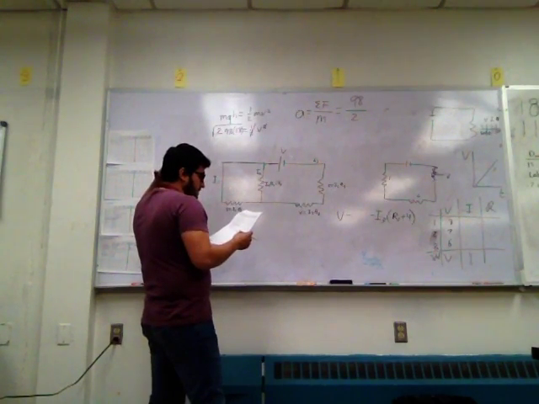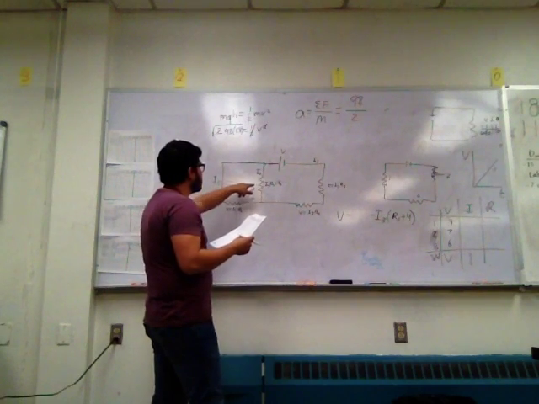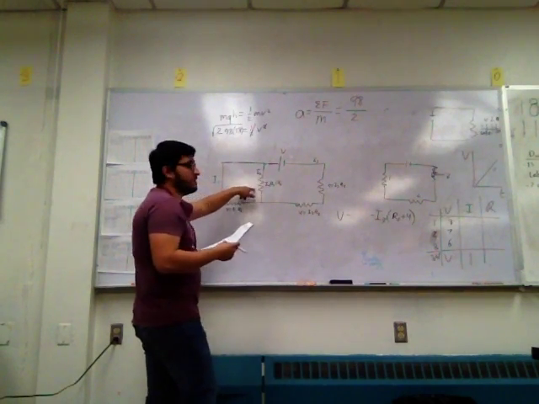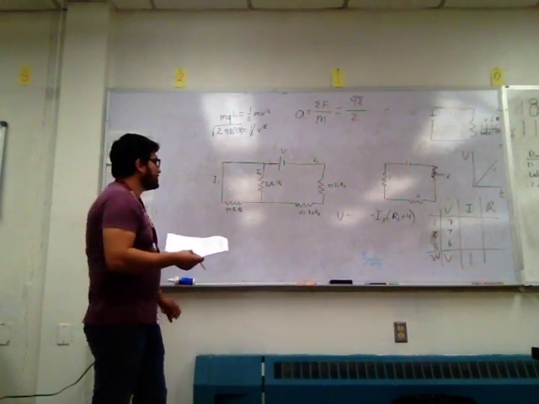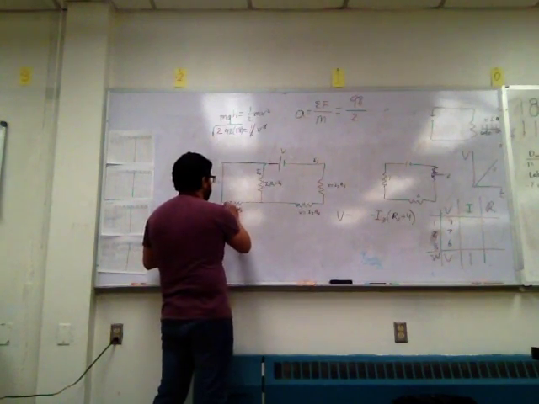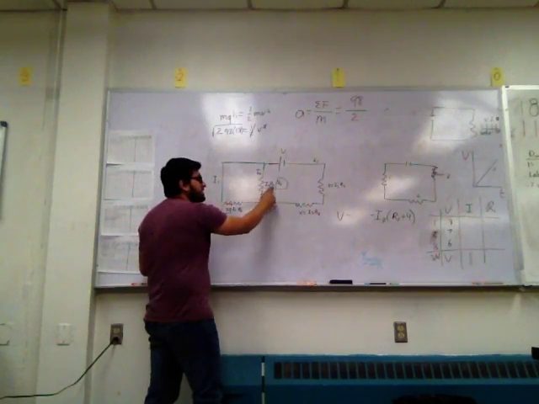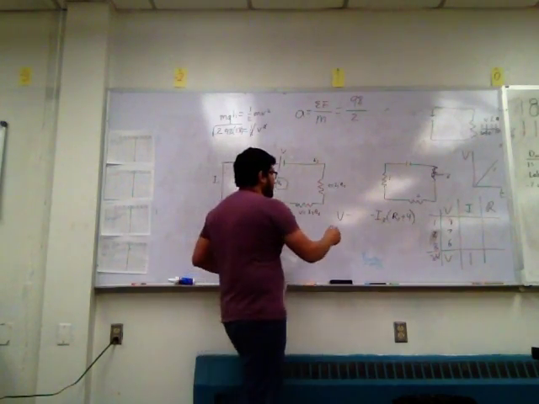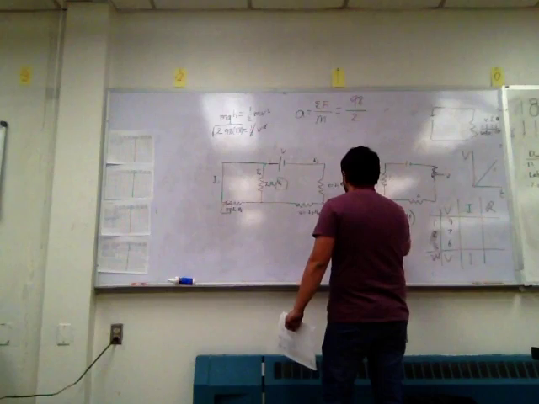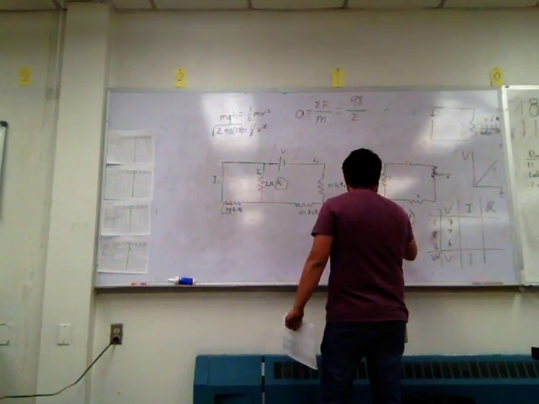And what do I know about these two voltages? They're the same, right? So does it matter if these two numbers are equal to each other? Does it matter which ones I use? So that means right here I can put in I1 or R1.